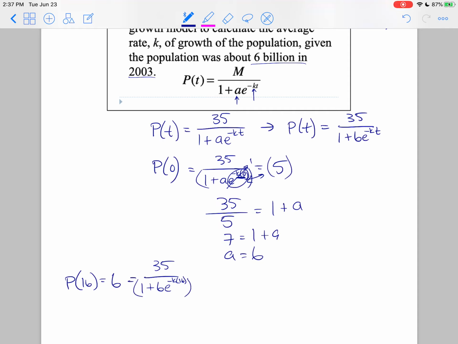I'm just multiplying both sides by this, which gets rid of the denominator over here and puts it on this side of the equation. And then I'm going to divide both sides by 6, which gets rid of the 6 here and puts it down where that one was. So that means that 1 plus 6e to the negative 16k is equal to 35 over 6.